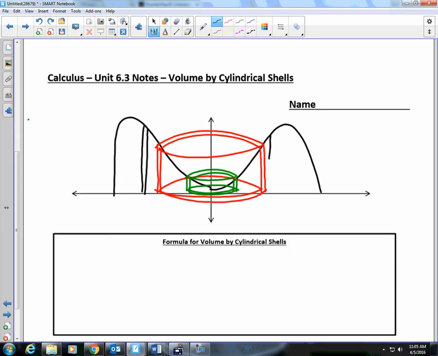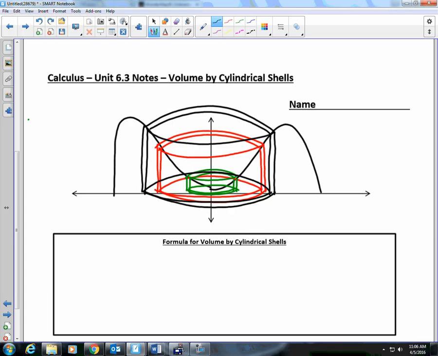You don't have to continue to draw this, but I would encourage you to try to visualize what I'm trying to accomplish. You see how these will continue to stack inside of each other?